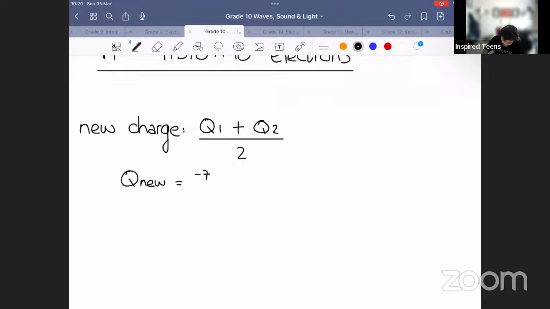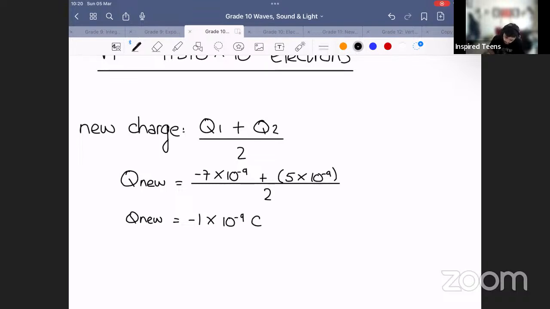So I'm going to say -7 times 10 to the -9 plus +5 times 10 to the -9, divided by 2. So the Q new, when I do this calculation, I believe is -1 times 10 to the -9 coulombs.